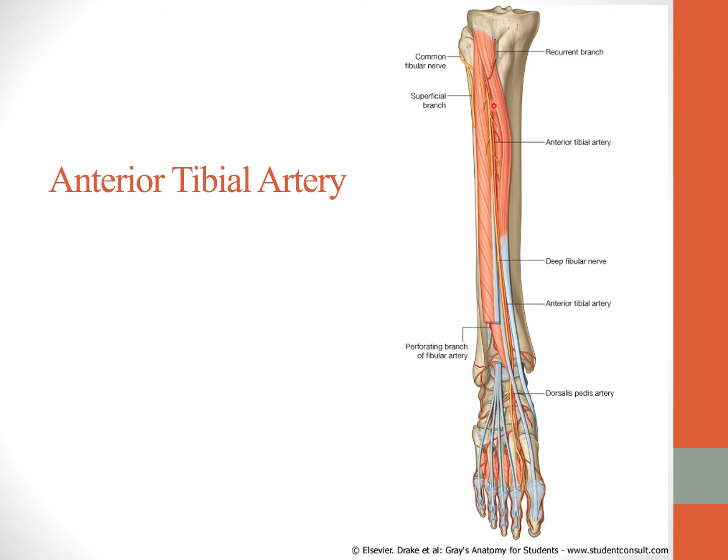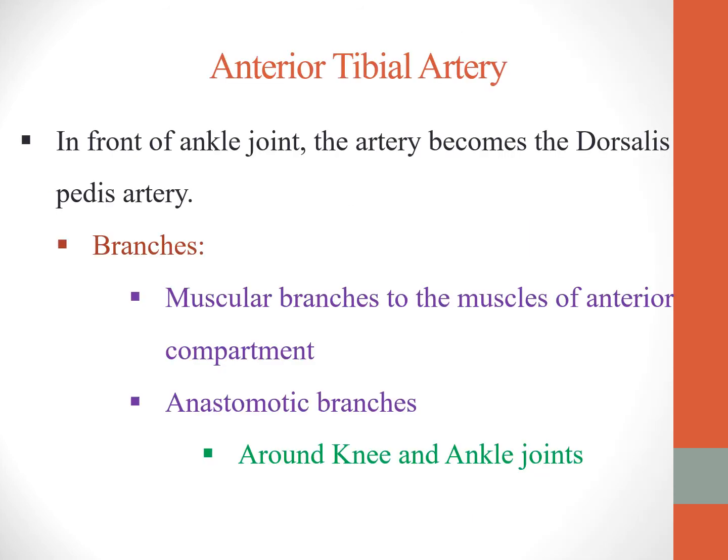So it descends downward in the anterior compartment deeply, but as it reaches down, crossing the ankle, it becomes superficial and lies between the tendons of these two muscles, and changes its name from anterior tibial artery to dorsalis pedis artery. Pedis is for the foot and dorsalis for the dorsum, so the artery of the dorsum of the foot. So the anterior tibial artery continues as the dorsalis pedis artery.